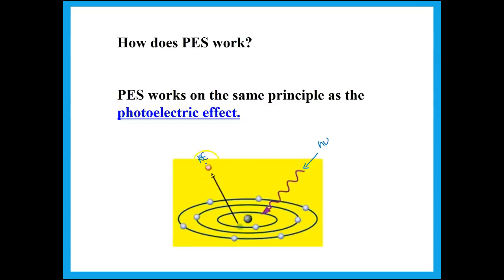But in order for that to happen, this photon has to be greater in energy than the ionization energy of the atom. If the photon energy is only equal to the ionization energy, the electron will only get just outside of the nucleus's reach, and then it will be pulled right back in.